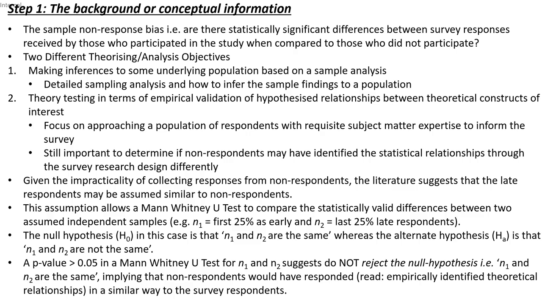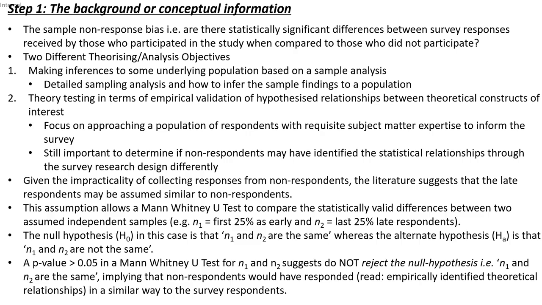Being a management scholar, what I do is follow survey non-response bias, which is somewhat sufficient in terms of establishing the rigor of your study. There are some limitations that we'll talk about later.